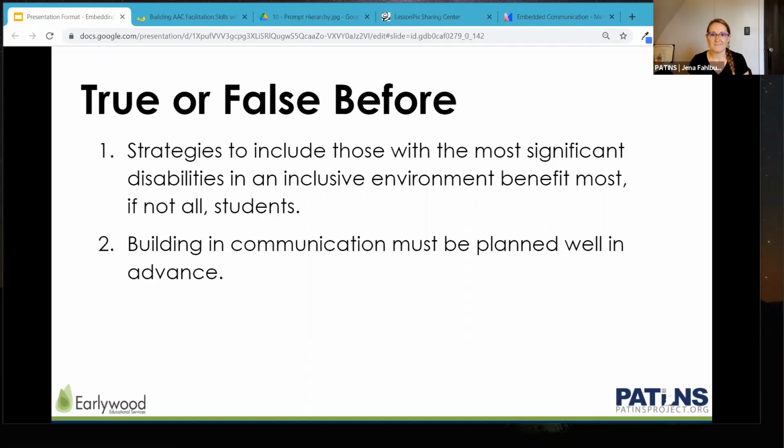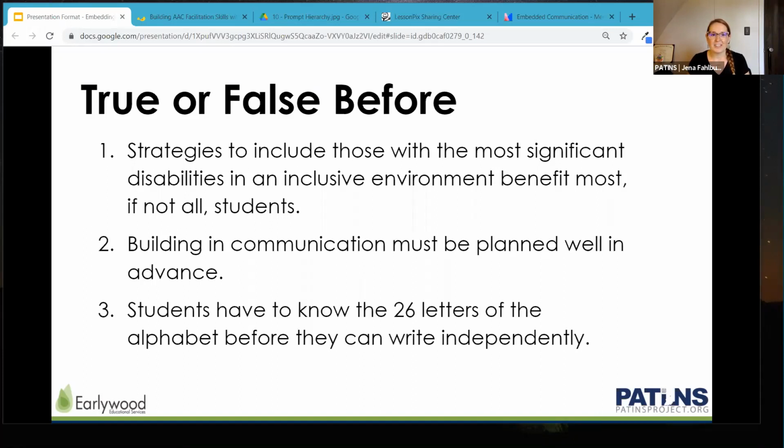True or false? I see some participating in the chat too. I love putting yourselves out there and becoming a part of that group communication. And third, students have to know the 26 letters of the alphabet before they can write independently. True or false? I hope our expressions aren't giving away the answers.